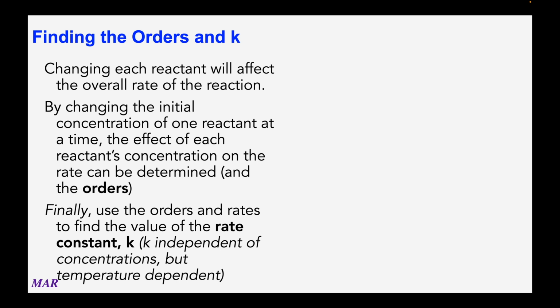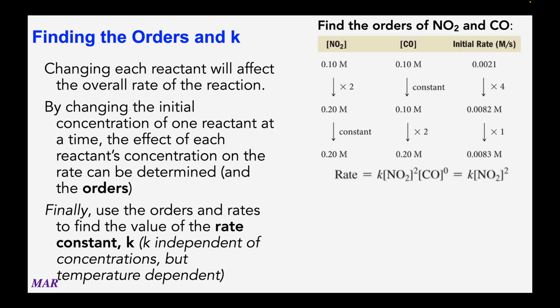So the first part of this process will be to find the orders of the reaction. And again, for us, it's only going to be 0, 1, and 2. Once you have the orders of the reaction, then the last thing you can do is find the rate constant K. And K is independent of concentrations. It does depend on temperature, as we'll see, but it doesn't depend on the concentration, so that's why we leave it for last.